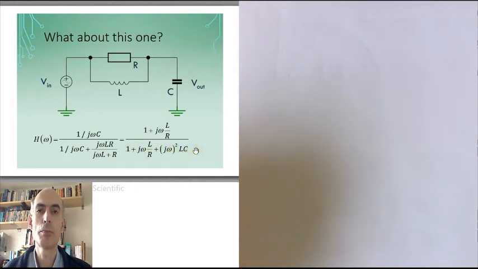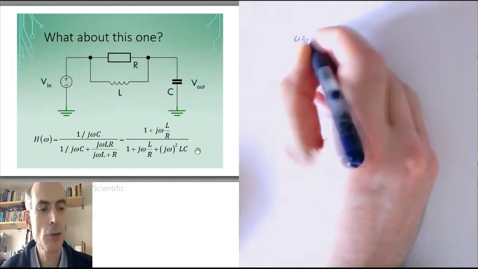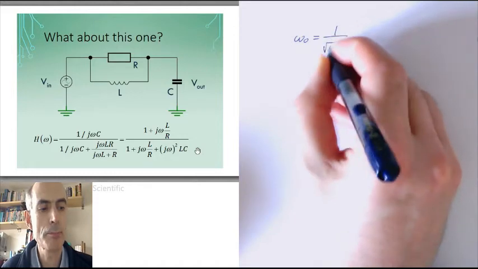It's 2 poles, second order, and we could express the resonant frequency once again as 1 over the square root of LC.